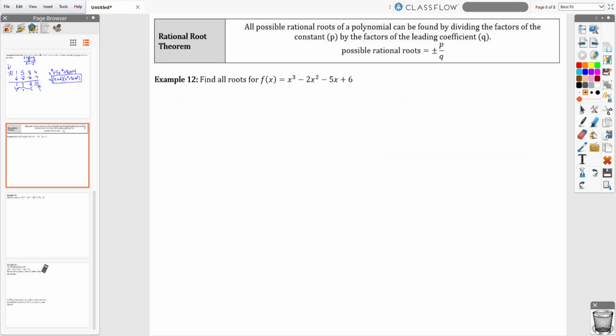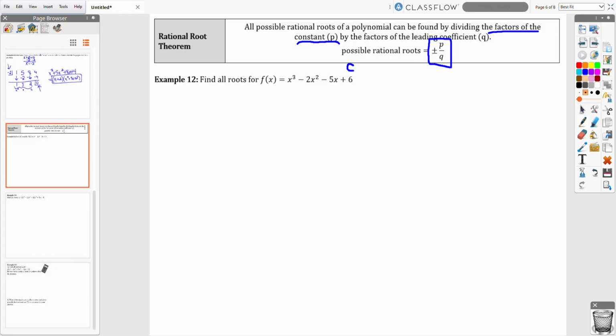So look at example 12 in your packet. On example 12, the rational root theorem is listed right above it. All of the possible rational roots, all of the possibilities of solutions, are going to have this format here: P over Q. If you look right above that, it says that P are the factors of the constant, and remember the constant is that term that doesn't have an x at all.